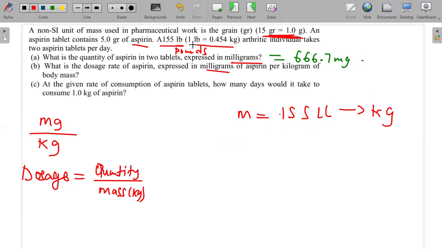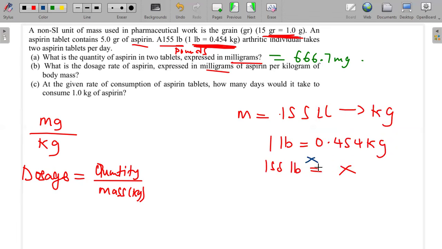The conversion factor we are given says 1 LB is equal to 0.454 kgs. What if I have 155 LB? What mass am I going to have?